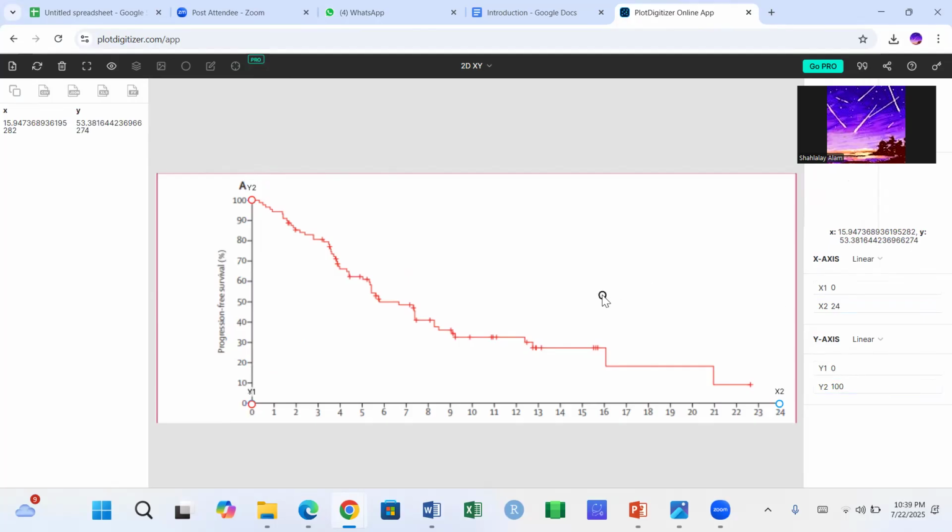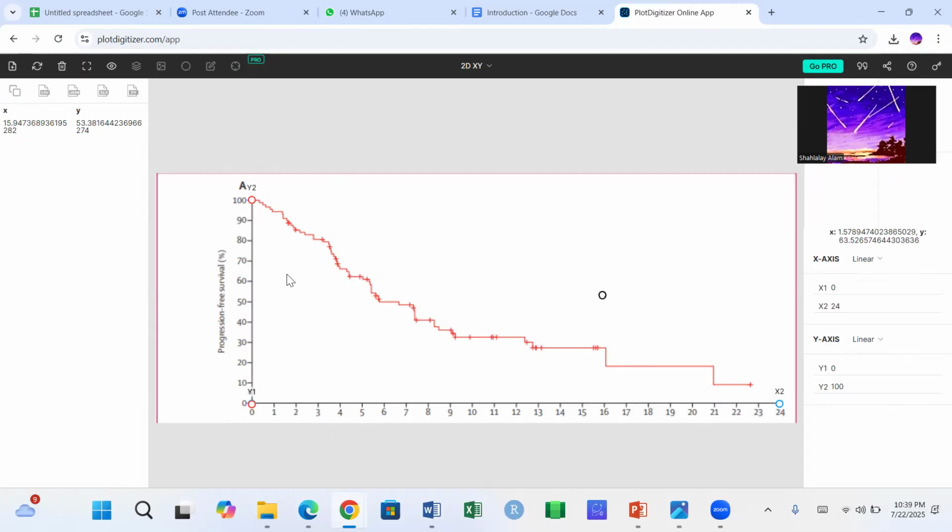Now, for example, this graph is for progression-free survival and this axis is for weeks. I am required to extract data for progression-free survival at week 2. On the x-axis, I guess I cropped it too much, but here they wrote it as weeks: 1 week, 2 weeks, 3 weeks. Now I am required to extract data for 2 weeks.